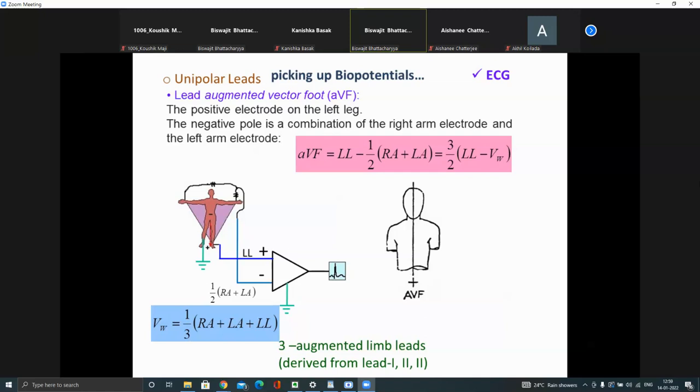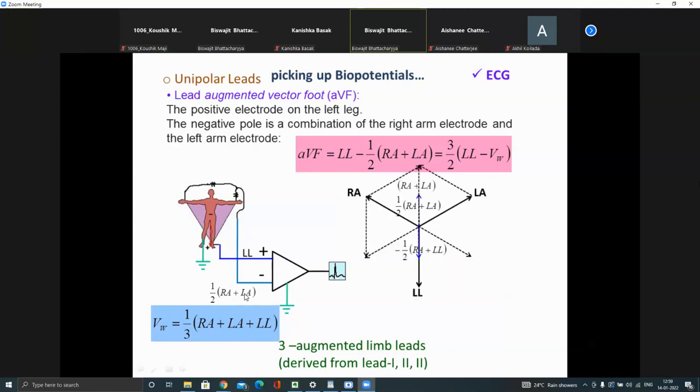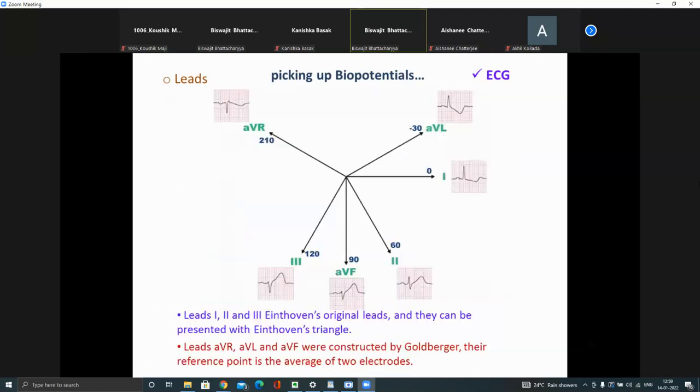So that is our AVF. I'll make a connection here. Here it is correct, RA LA, but on one particular occasion there was a mistake. Now you see the directions.